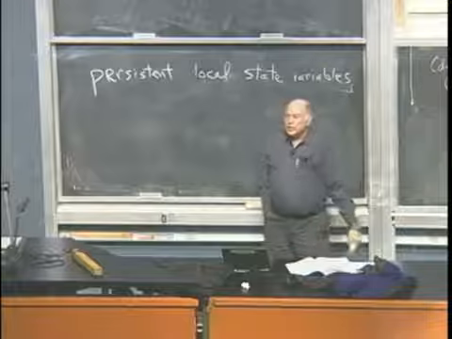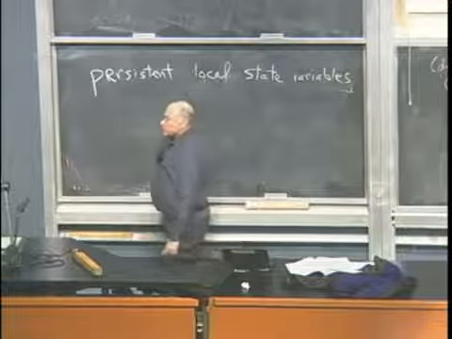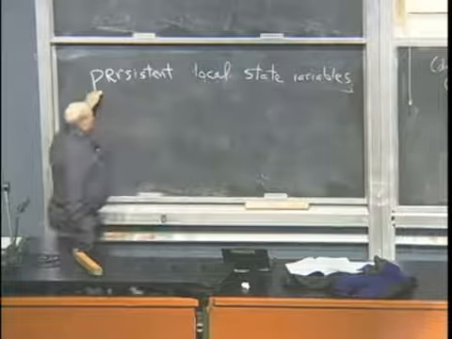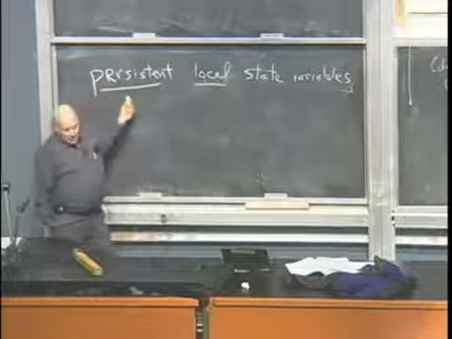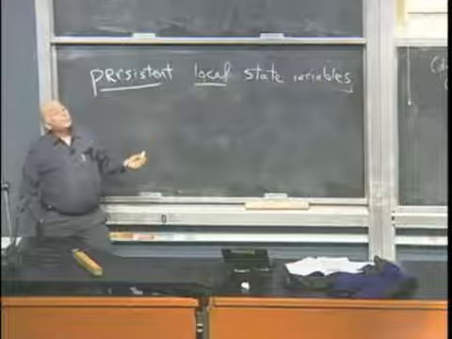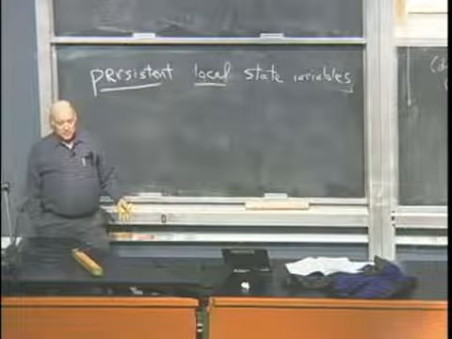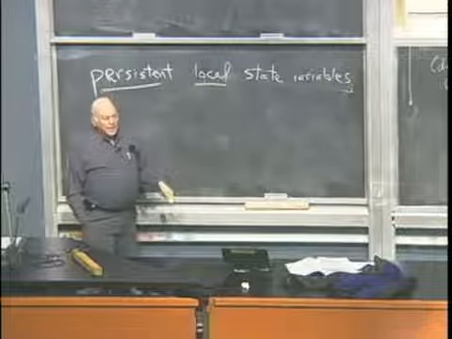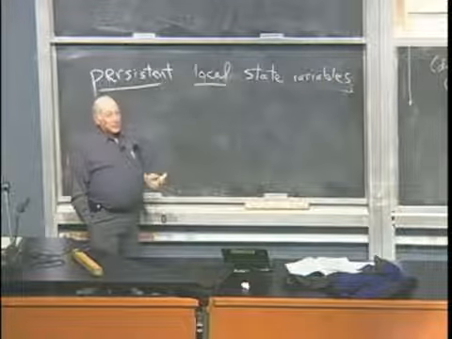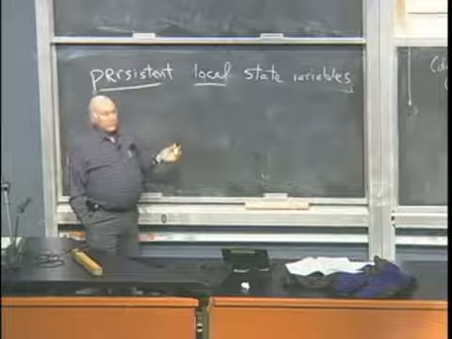So what's special is that we want two things that used to be contradictory. We want persistent and we want local. Global variables have always been persistent. You define it, it's there forever. Local variables, until last week, have always been kind of ephemeral.